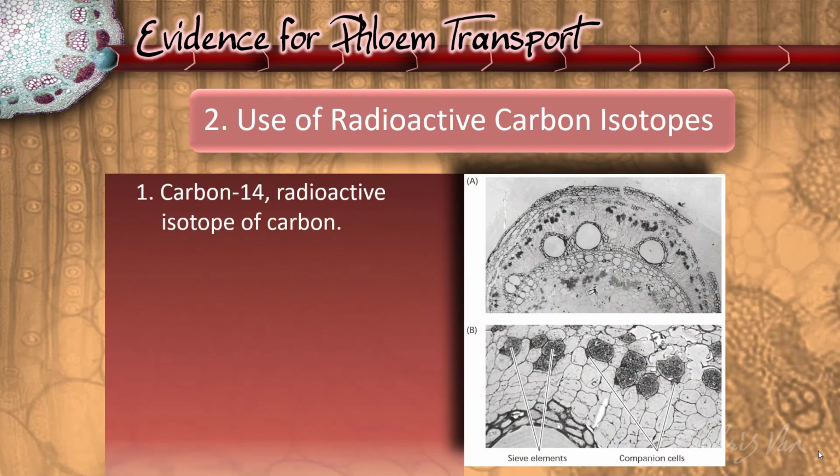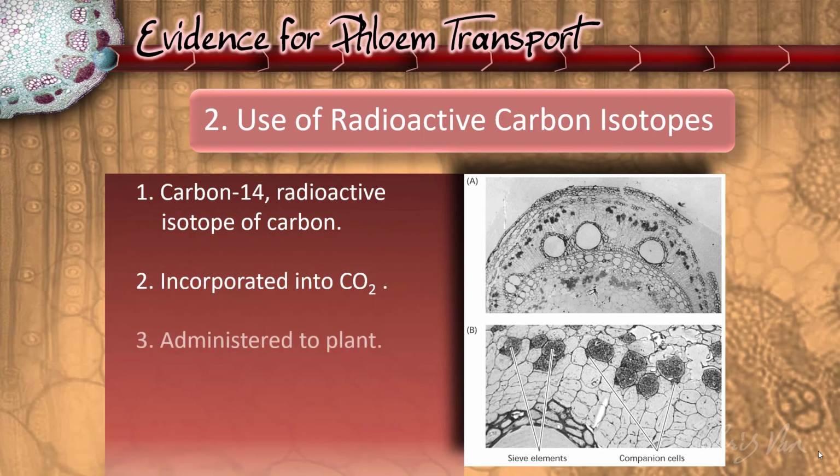As for radioactive carbon isotope, what they did is they will pump in carbon dioxide that are radioactive. Radioactive means they are sending out some signal. Then it will be given to the plant, so plant will undergo photosynthesis and use the radioactive carbon dioxide to make into glucose.